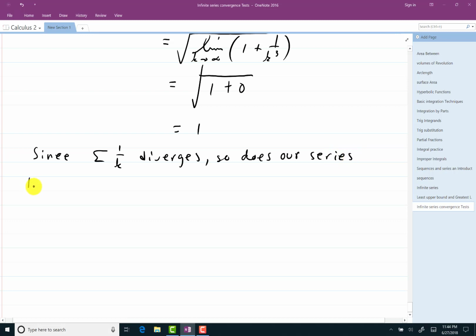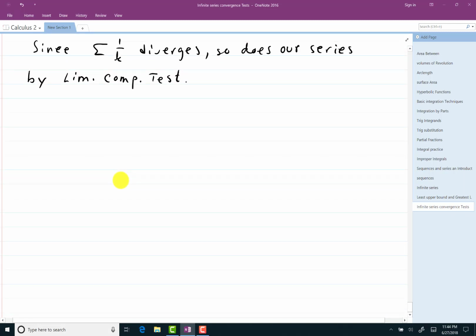Our series converges or diverges by the limit comparison test. If you can sort of feel the net exponent like I've been explaining, then it makes a lot of these problems very simple. And I'll show you in just a minute.